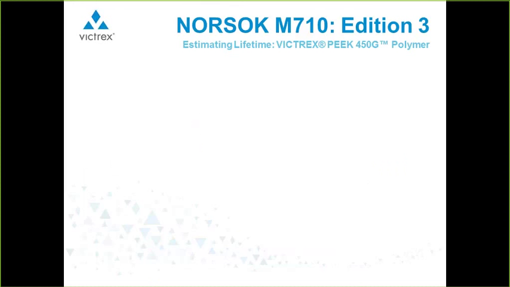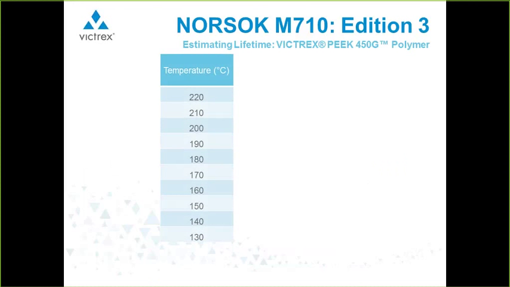So, in this slide, I'm not going to bore you with the manipulations of the data, but we've used the erroneous approach, using the straight lines you saw in the previous charts, to calculate a lifetime at a range of temperatures, noting that the highest temperature needs to be no higher than the highest temperature tested.